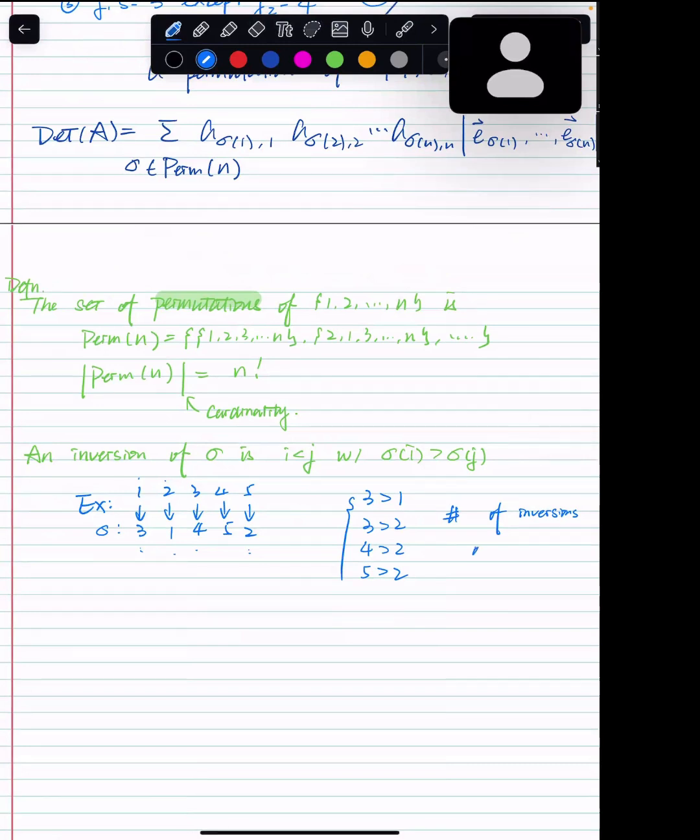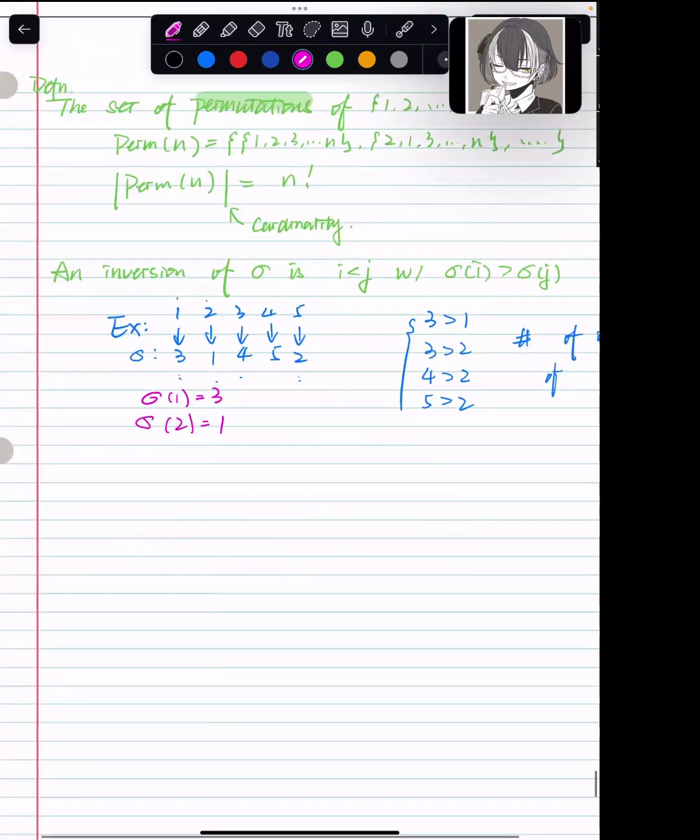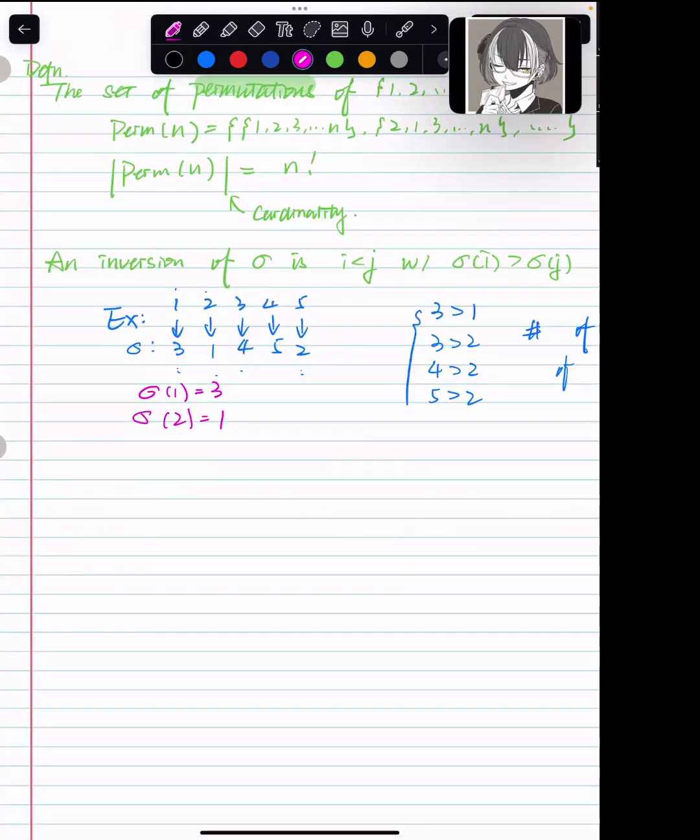Sigma j is 3, 1, 4, 5, 2. So sigma 1, for example, is 3. Sigma is like the map. And sigma 2 is 1. You can think of it as a map, or you can think of it like a Python list. And this is like the index of a list or something.